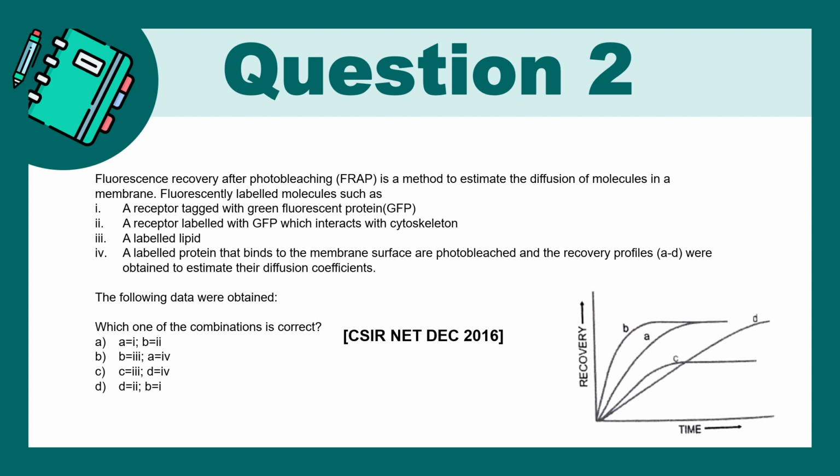So there are 3-4 molecules labeled with GFP. Now they are going to be photobleached and looked at for the recovery profiles. There are some pseudo recovery profiles given here labeled A, B, C, D. You have to identify which recovery profile corresponds to what, and whose time scale can be somewhat comparable. So this is the question. Again, it is based on the application and basic understanding of FRAP. If you can solve this question, put it in the comment.